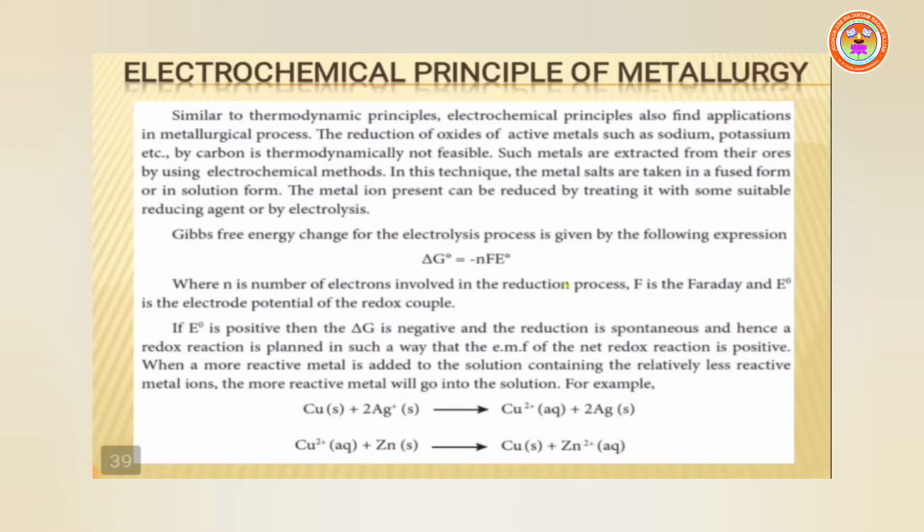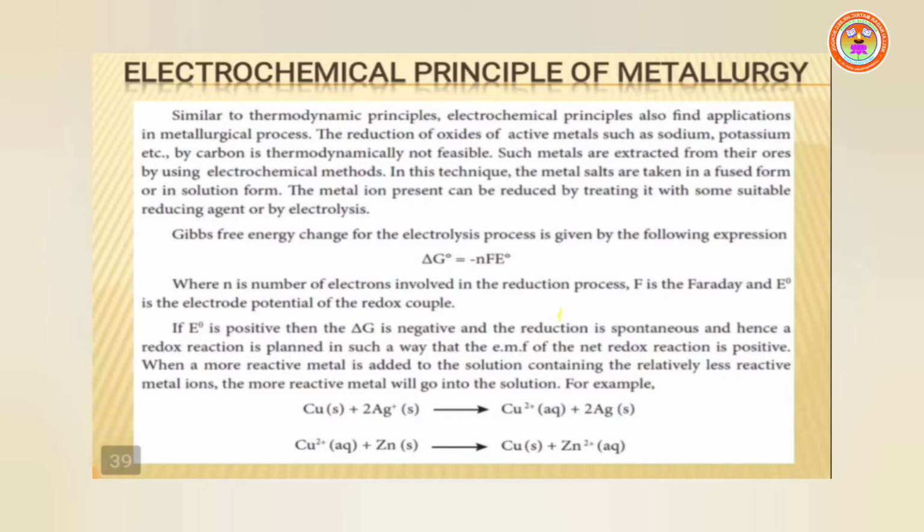For example, when copper metal is added to a solution of silver ion, for example silver nitrate, silver is the less reactive one, whereas copper is the more reactive one. So the more reactive copper will precipitate the Ag plus ion of the silver solution.